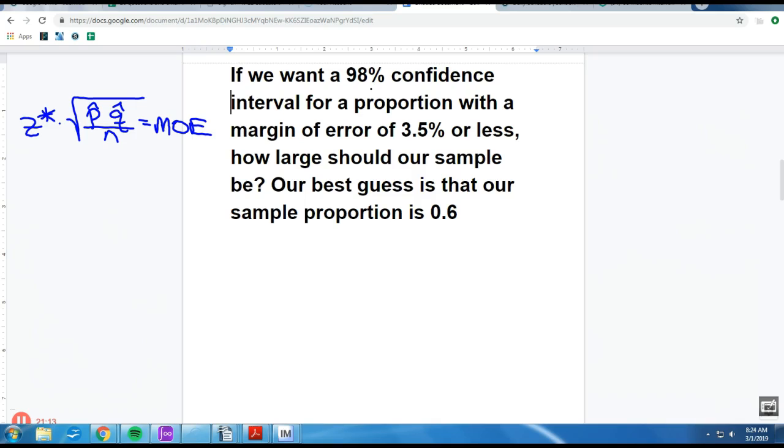What's 3.5% as a decimal? Don't say 0.35. 0.035. One day we're going to go through it with the wheel.